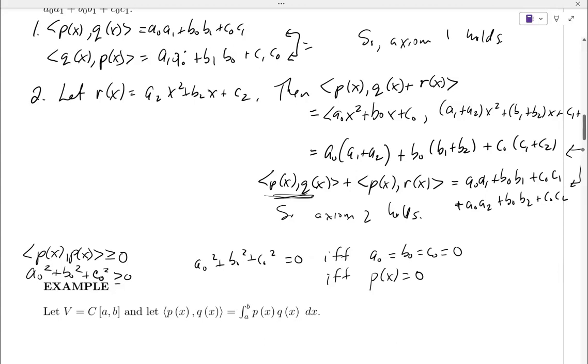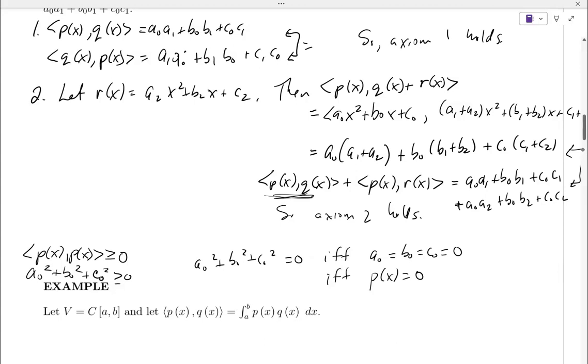So this really does satisfy the axioms of an inner product. Notice that this shouldn't have been a huge surprise, because what are we really treating each of the coefficients as? We're treating it just like it's a Euclidean vector, aren't we?